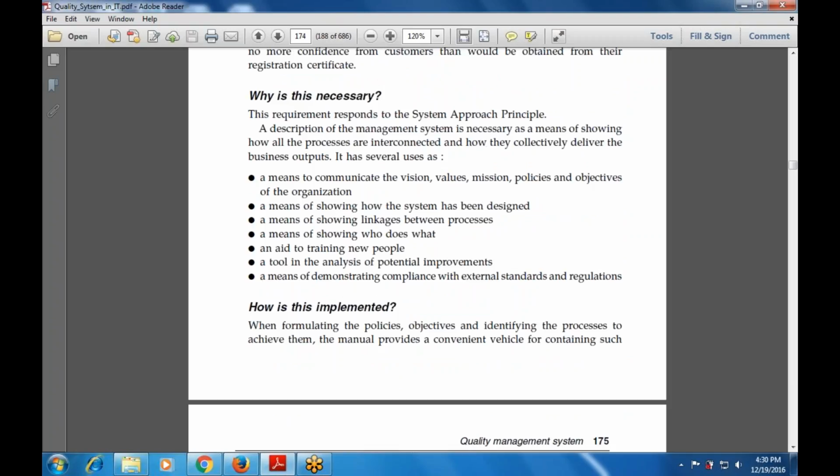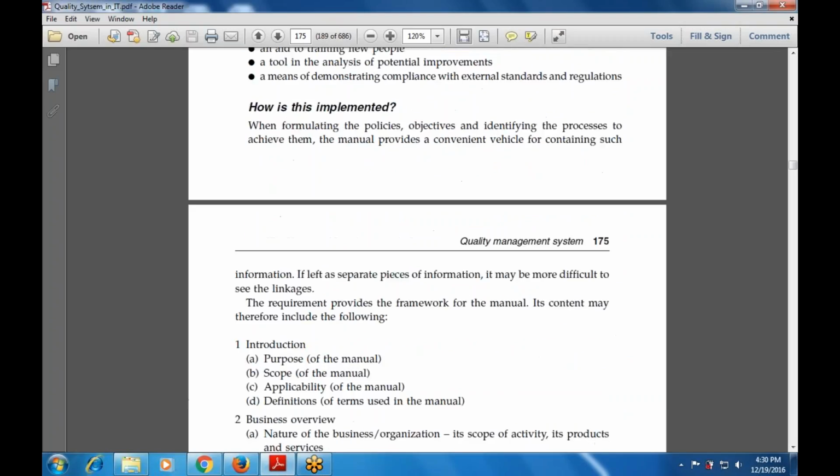Now, how is this implemented? There are multiple policies, procedures, and objectives that are the means to achieve them, and the manual also provides a convenient vehicle for this. The requirement also includes a framework for the manual, whose contents include the following. First, the introduction, which includes the purpose of the manual: what is the main aim of using the manual.